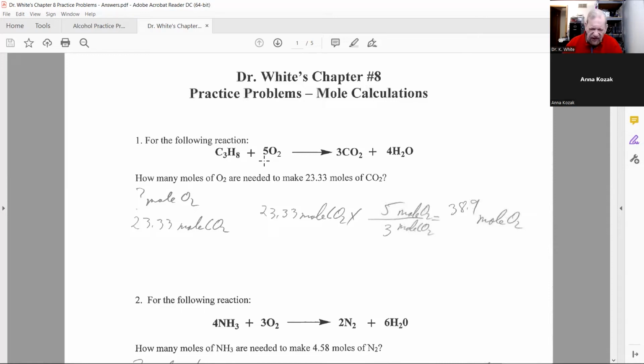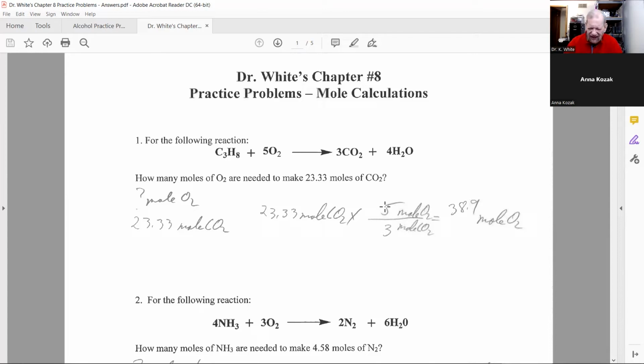Remember, the coefficient is moles to make 3 moles of CO2 and 4 moles of water. Now we need the relationship between moles of CO2, moles of oxygen. And for every 5 moles of oxygen, that's where we got the 5, we use 3 moles of CO2. And that's where we got the 3.